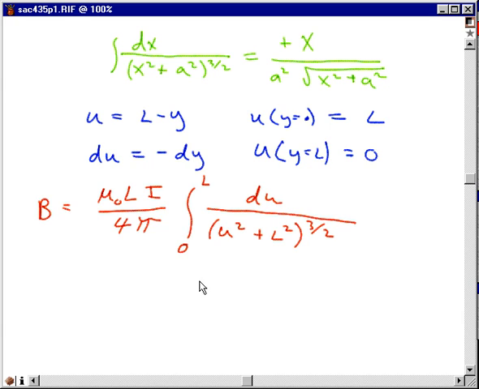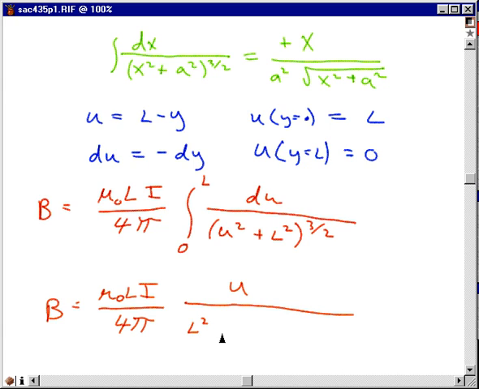And now when I substitute that in there, B is mu 0 L I over 4 pi times the x is the u in our case, and the a is L. There's the a, and the integral for the generic expression corresponds to L. So I have L squared times the square root of u squared plus L squared.